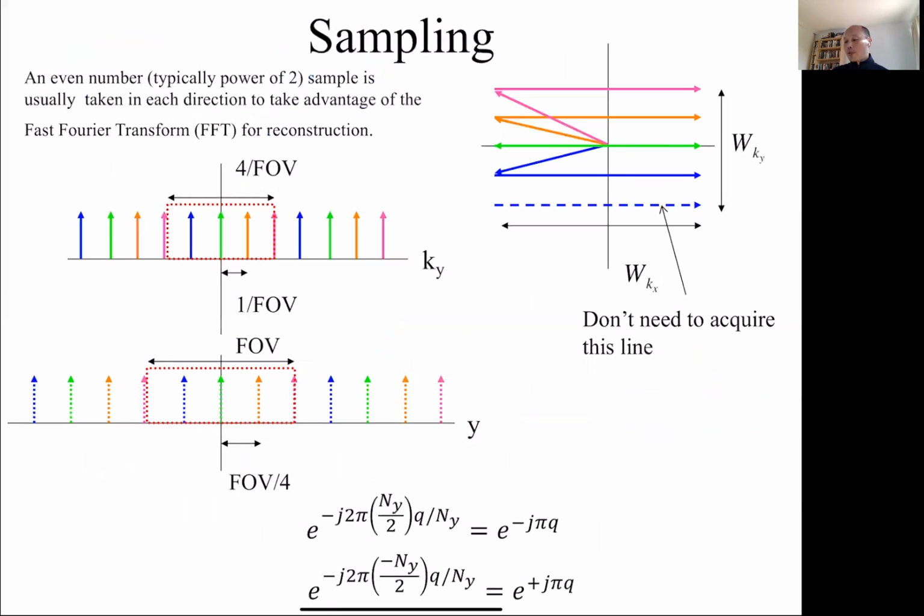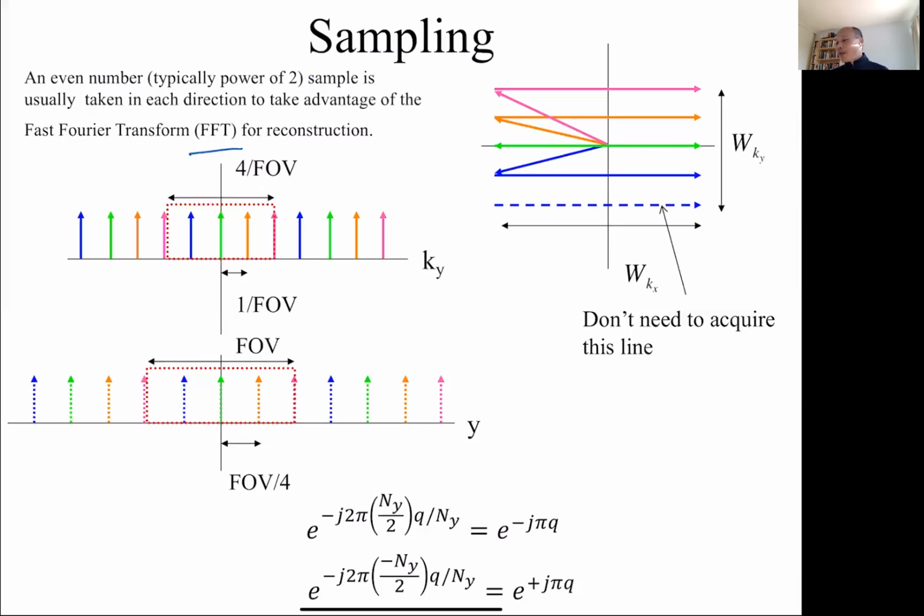Early on, this was to take advantage of fast reconstructions when FFT algorithms were really limited to powers of 2. Now it's a little more flexible, and there are fast algorithms even for other integer values. But early on, going quickly was a big concern.